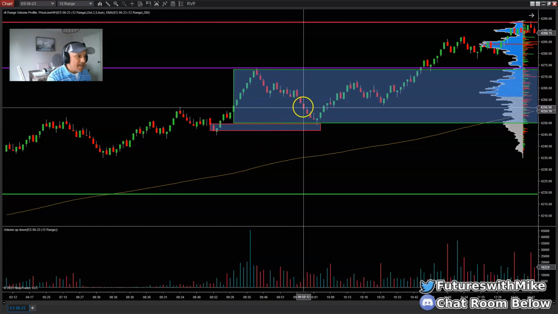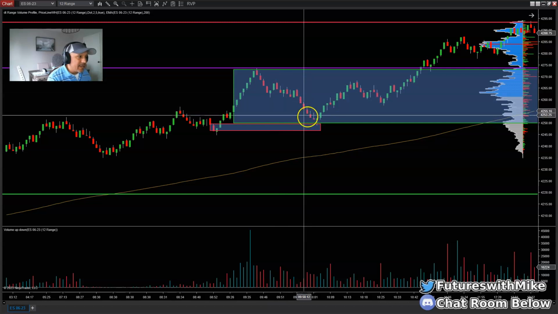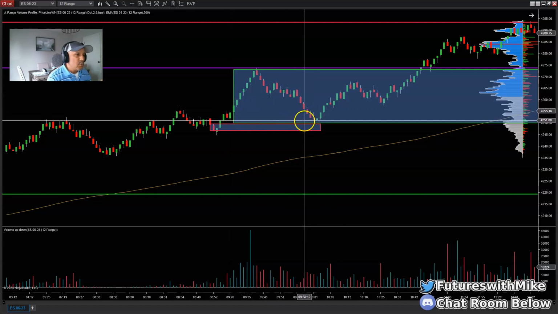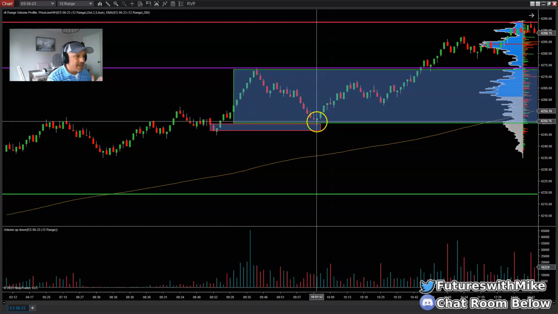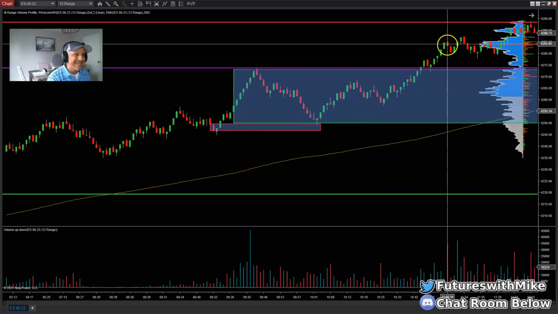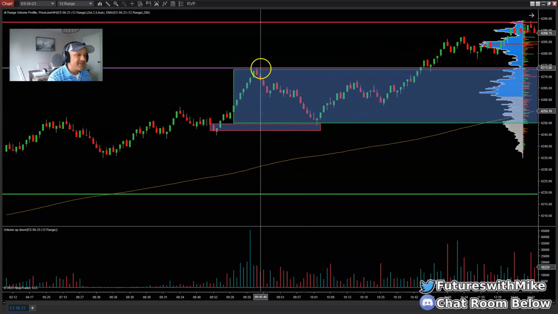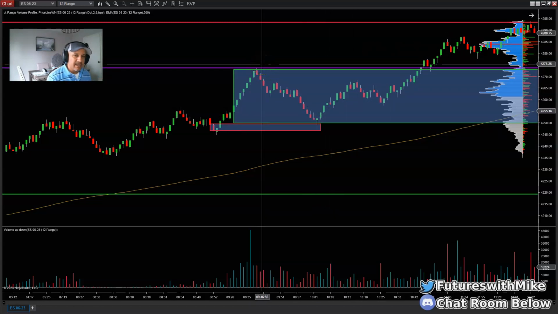Aggressive buying, pulls back to demand, fills the imbalance. We get the fake out with that bullish green candle that wicks below the area of demand. The bullish green candle closes, takes off to the upside and takes out 73.5. Beautiful run to the upside.